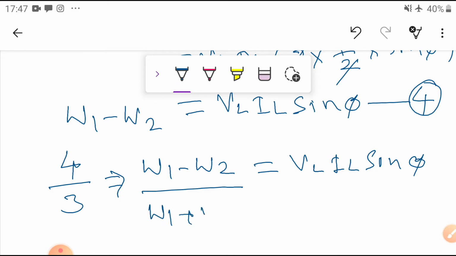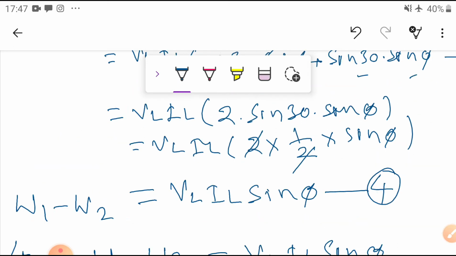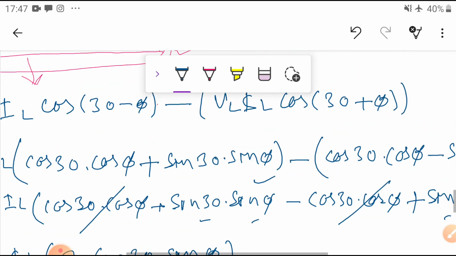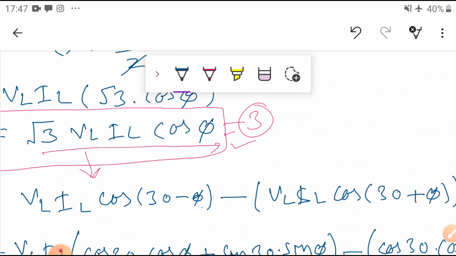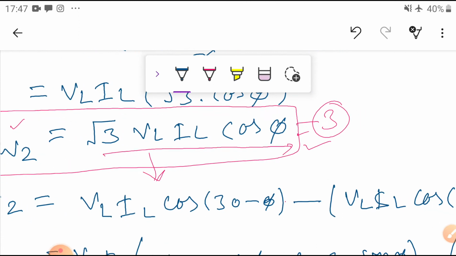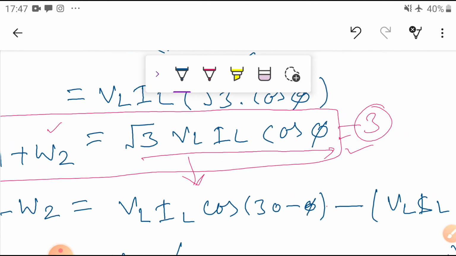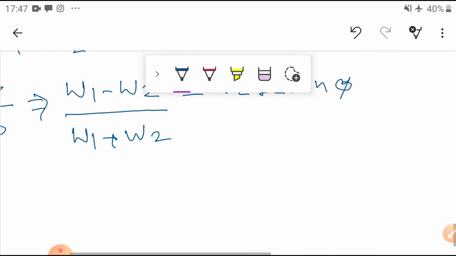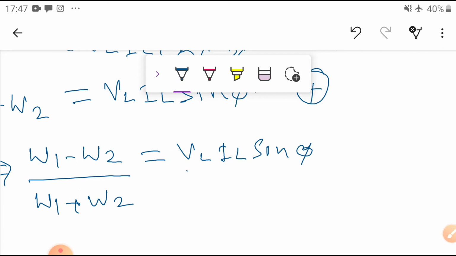This is the fourth equation. What is the third equation? W1 plus W2. Where is the third equation? Oh, this is the third equation. So W1 plus W2 is equal to root 3 VL IL cos phi. Simply substitute these values. Now that is divided by root 3 VL IL cos phi.